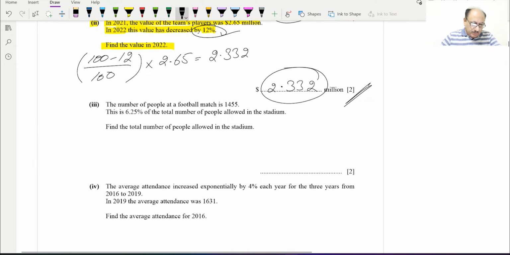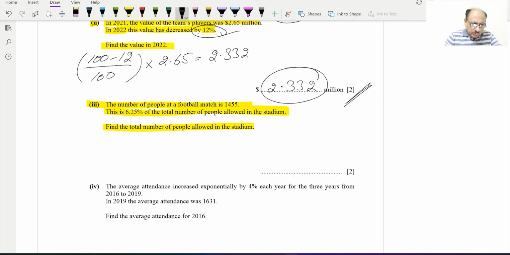Now third part, the number of people at a football match is 1455. This is 6.25% of the total number of people allowed in the stadium. Find the total number of people allowed in the stadium. So this is basically the reverse percentage question.